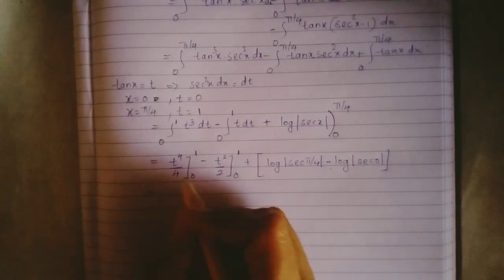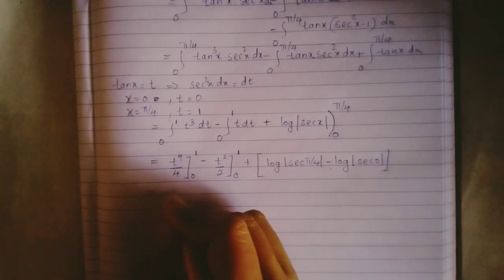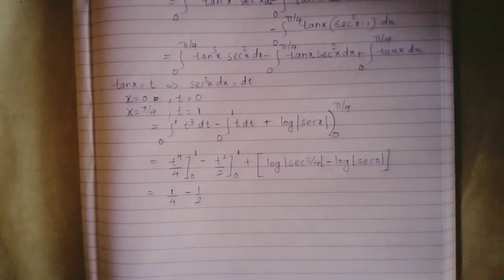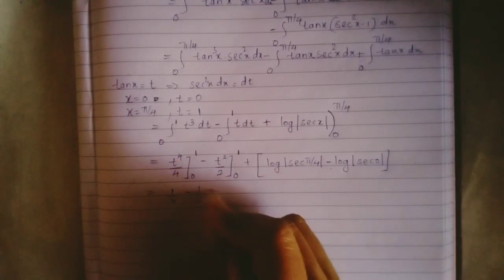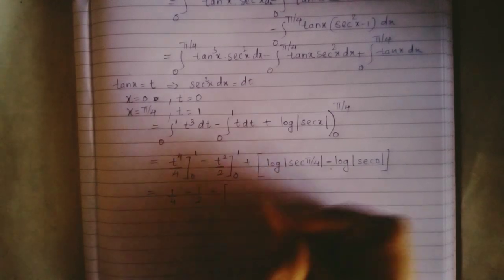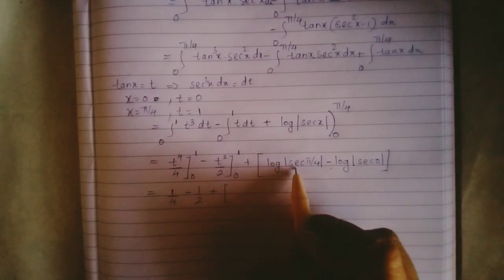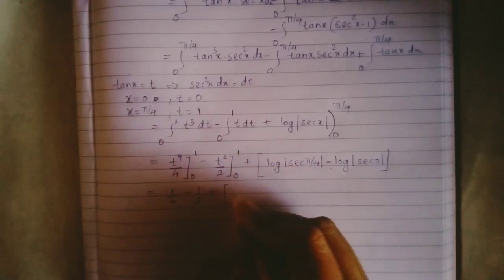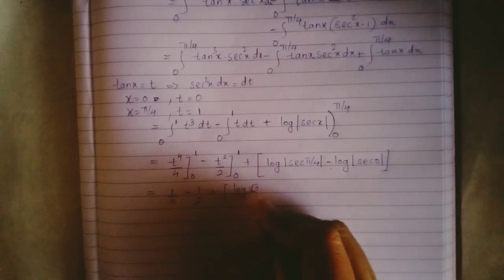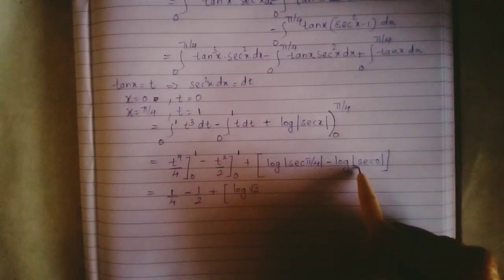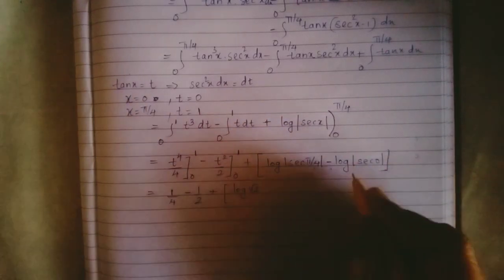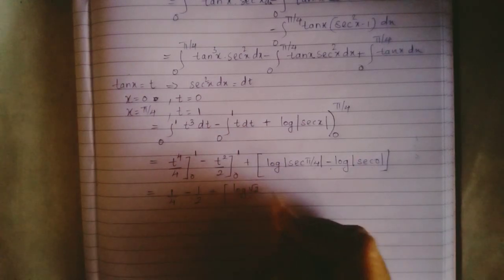So this is 1 by 4, this is 1 by 2, then plus sec of pi by 4; cos pi by 4 is 1 by root 2, so sec is root 2, log of root 2, and sec of 0 is 1, log 1 is 0.